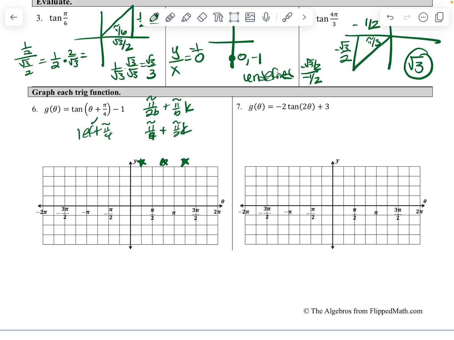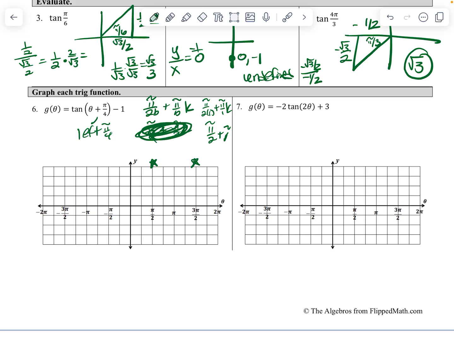This is pi over 2. Sorry, I messed up. B value is 1. So pi over 2 times 1 plus pi over 1k. So pi over 2 plus pi. So this is normally at pi over 2 plus another pi, 1, 2, 3, 4.